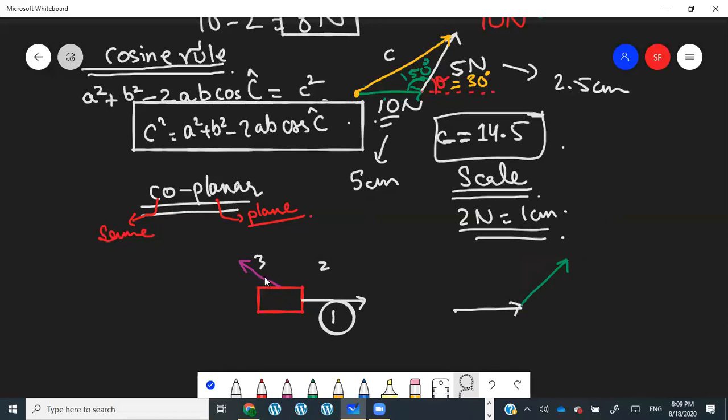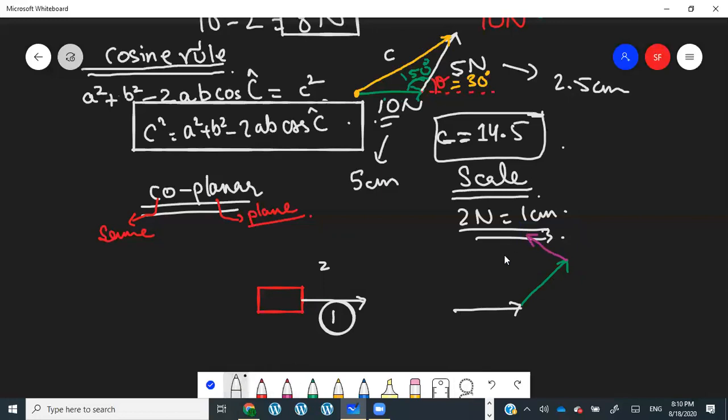And then I pick up the third one and place its tail on the head of the second one. Once I've done this, I get the three vectors in this pattern.